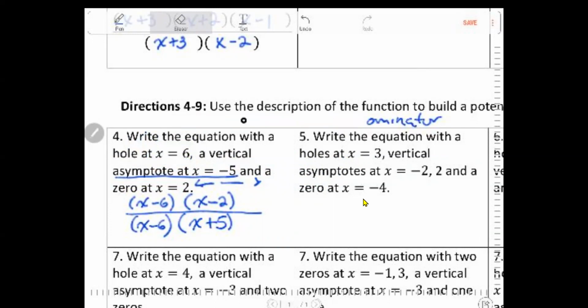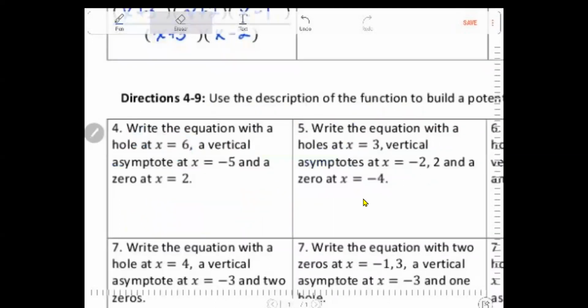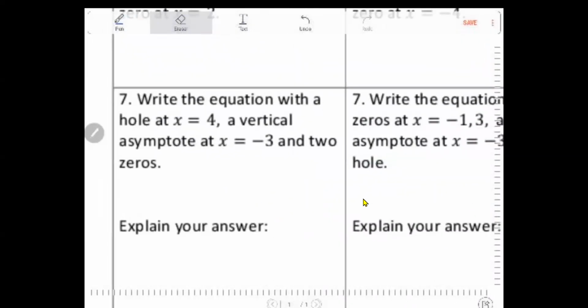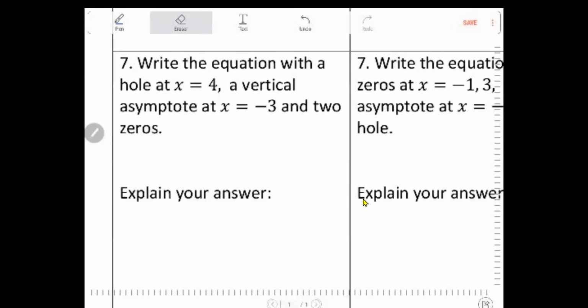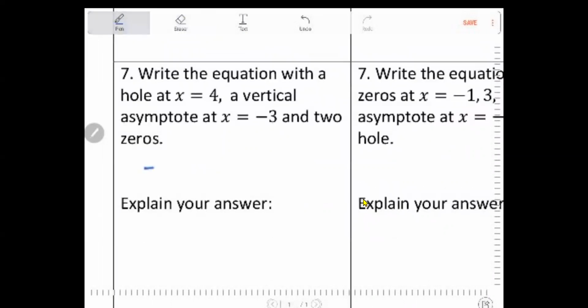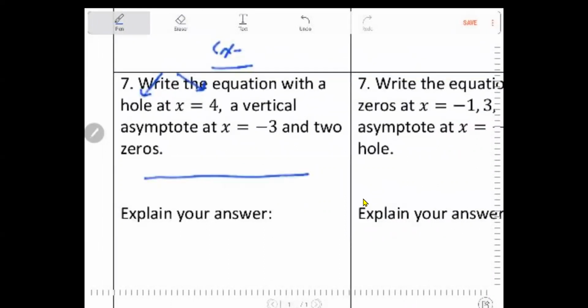So that's number 4. I want to go down and do number 7, where you have to explain your answer. This says I want an expression that has a hole at 4, so that's going to be x minus 4 over x minus 4.